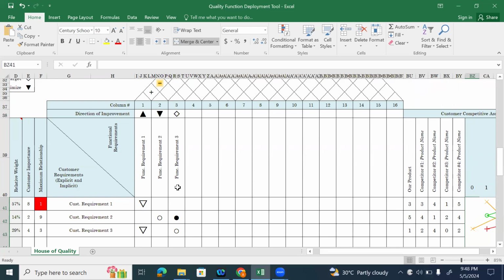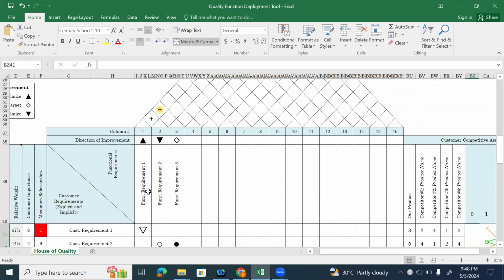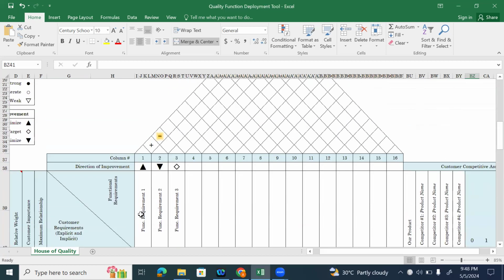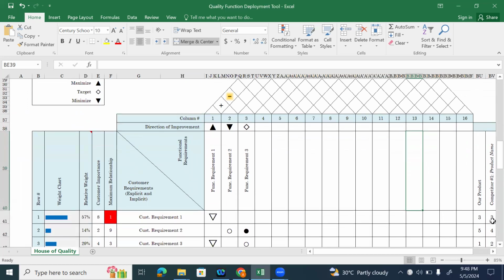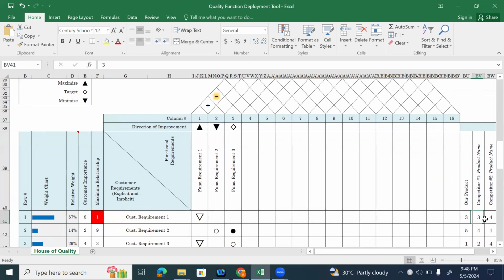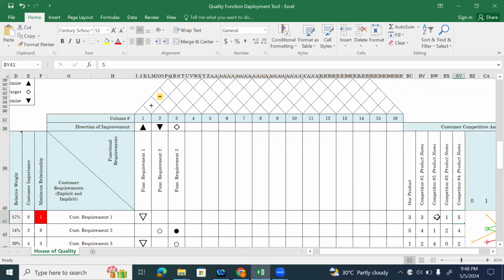Okay, so here when you're comparing the customer requirement 1 with the functional requirement, the direction of improvement should be maximum. Why is it mentioned as maximum? You can find competitors 2 and 4 are having high points when compared to our product.